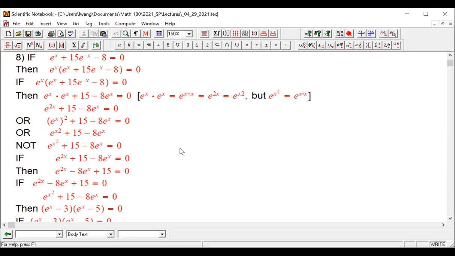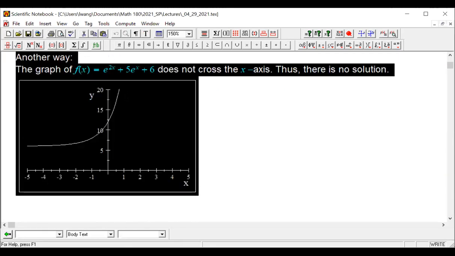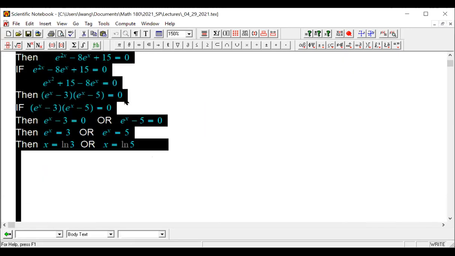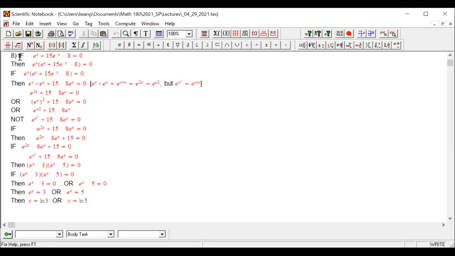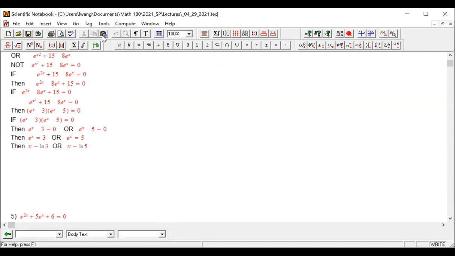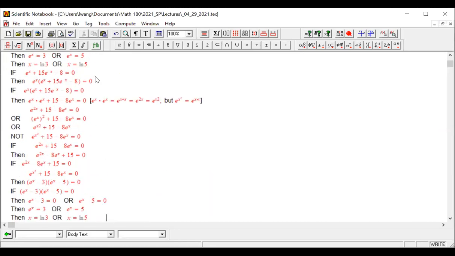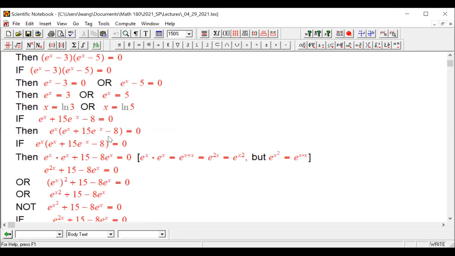Too long. This is too long, right? So the actual show work part, okay? I'm going to copy and paste this piece, and I'm going to show you what is being already trimmed. There, show work.